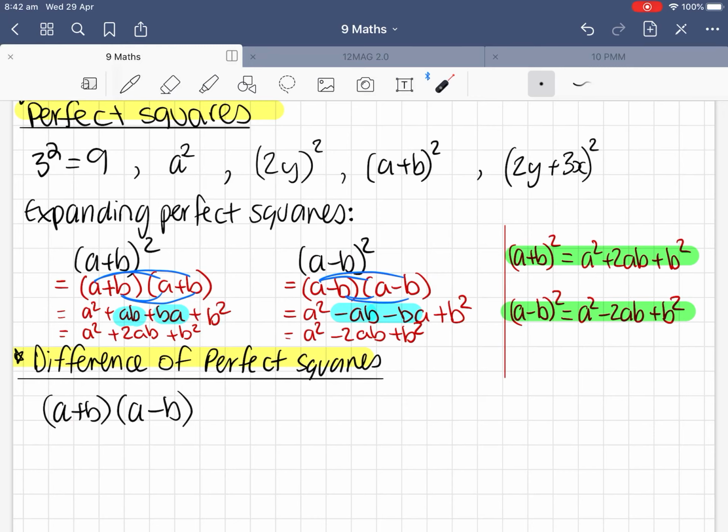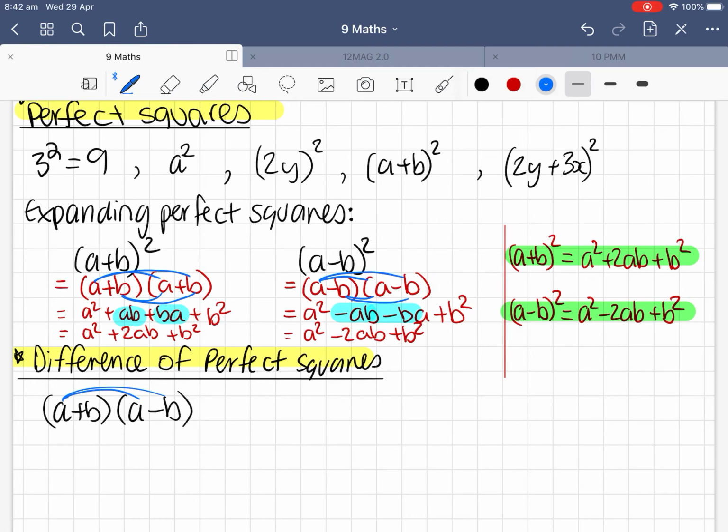A difference of perfect squares is where you have a plus b and then a minus b. So rather than it being a plus b all squared or a minus b all squared, we have the same first term in both brackets. We have the same second term in each bracket, but the difference is that there's a plus here and a minus here. Let's see how that checks out once we expand it.